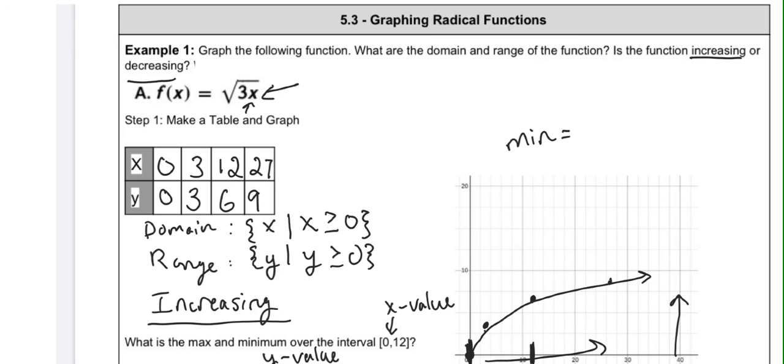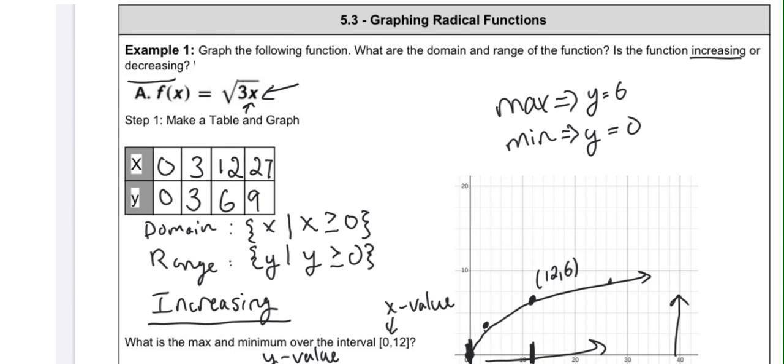So the minimum would be y equals 0. And the max is the highest on the interval from 0 to 12. Well, the highest is right here, which is at 12, 6. So our y equals 6.